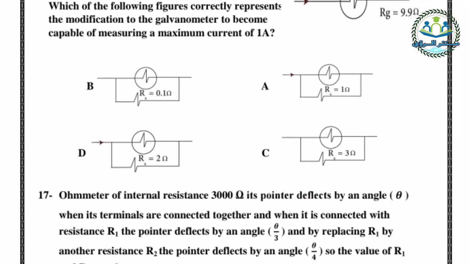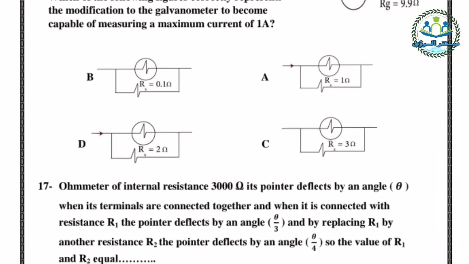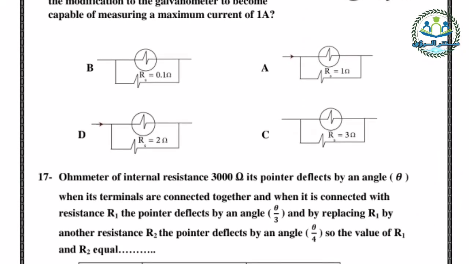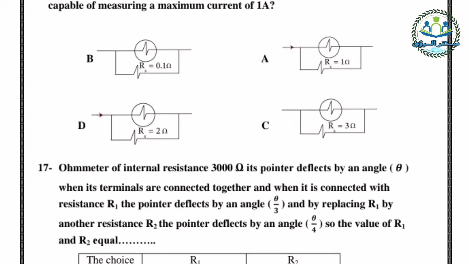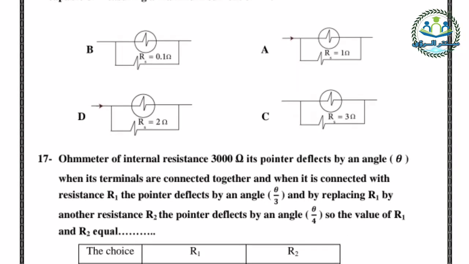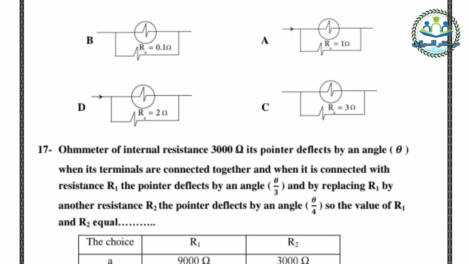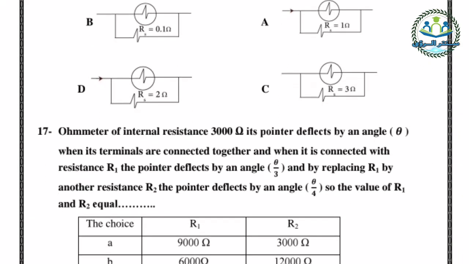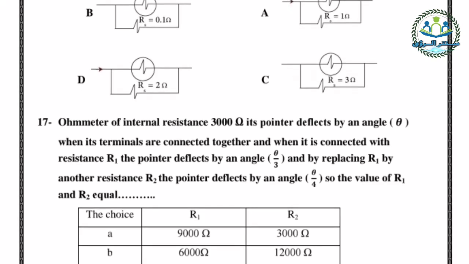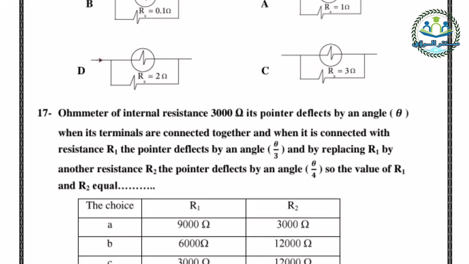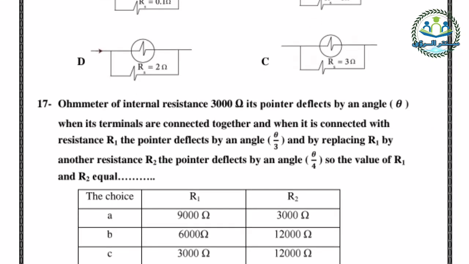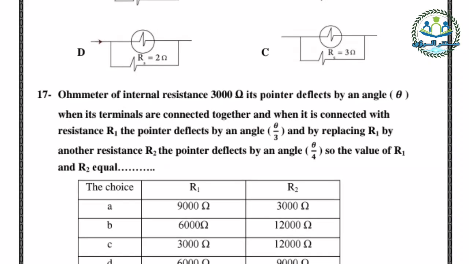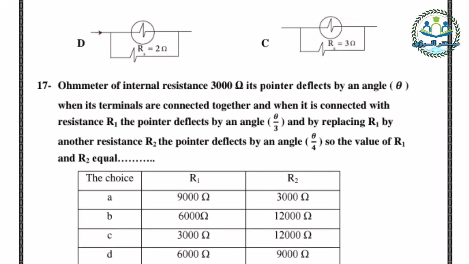17. An ohmmeter of internal resistance 3000 Ω. Its pointer deflects by an angle when its terminals are connected together, and when it is connected with resistance R1 the pointer deflects by an angle. And by replacing R1 with another resistance R2 the pointer deflects by an angle.